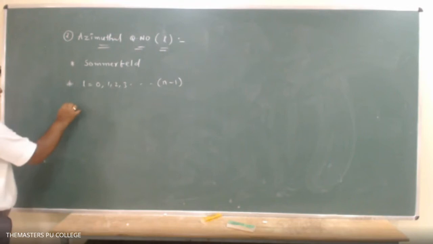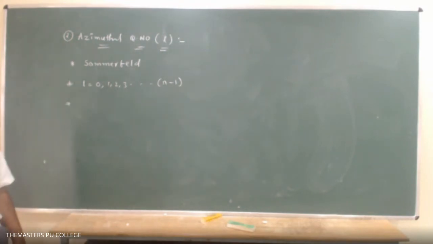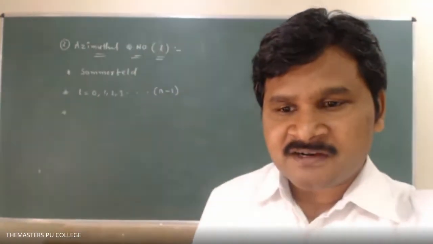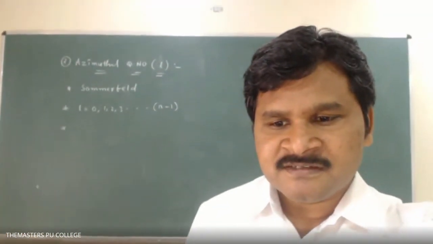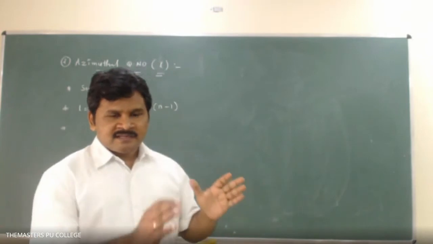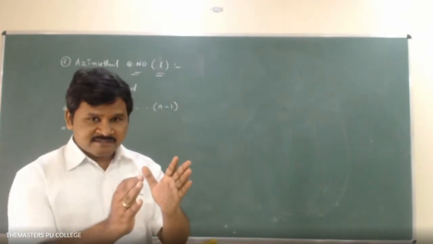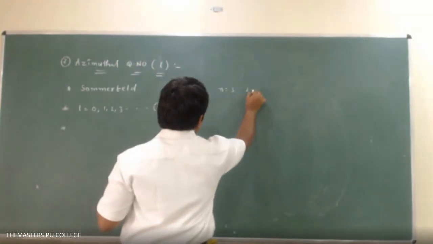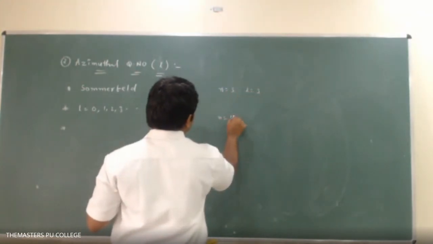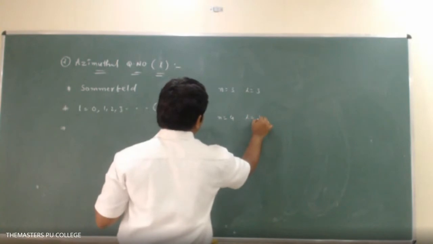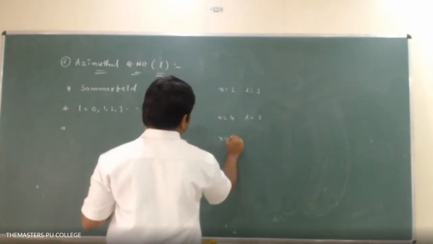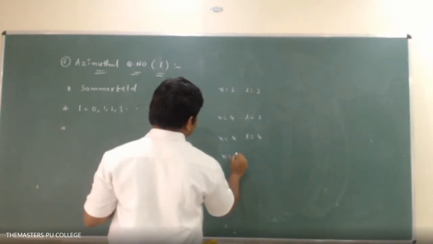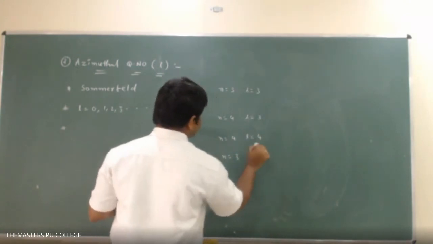Based on this, in objective examinations, they may frame different types of questions. He will give different sets in the options: n is equal to 3, L is equal to 3; n is equal to 4, L is equal to 3; n is equal to 4, L is equal to 4; n is equal to 3, L is equal to 2.